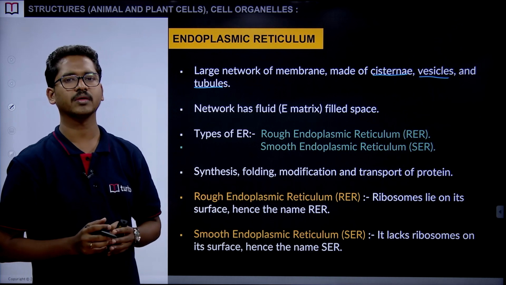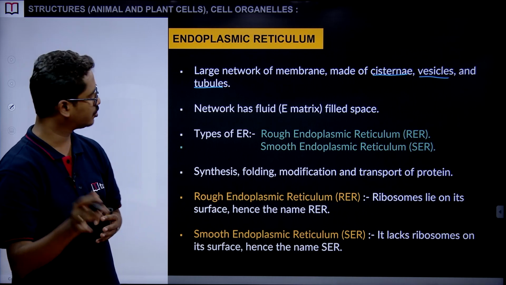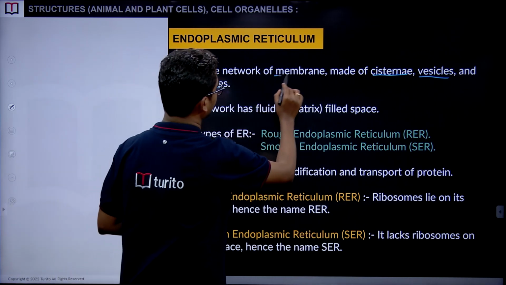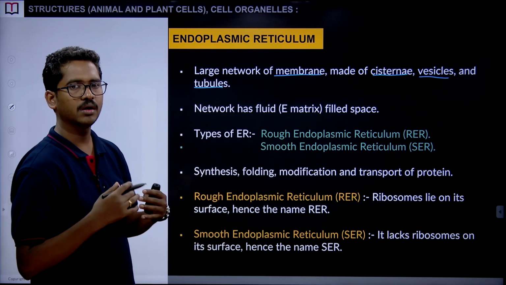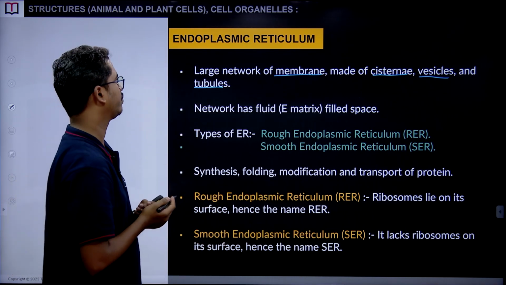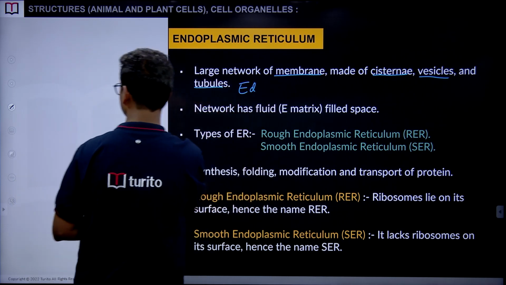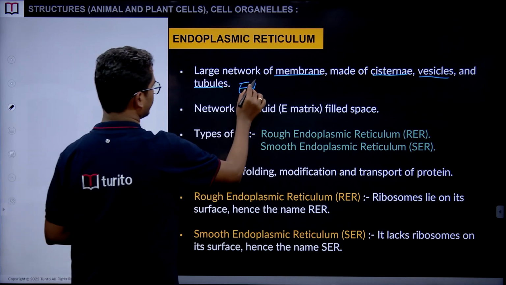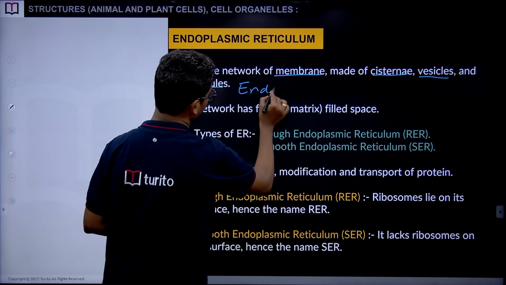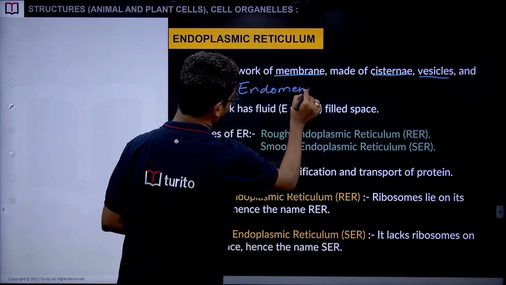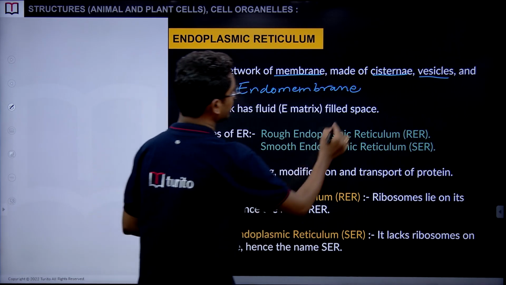All this is because of a big network formed in the cell by the membrane. So, it is also known as the endomembrane system. The endoplasmic reticulum is a big system within the cell which performs several functions.